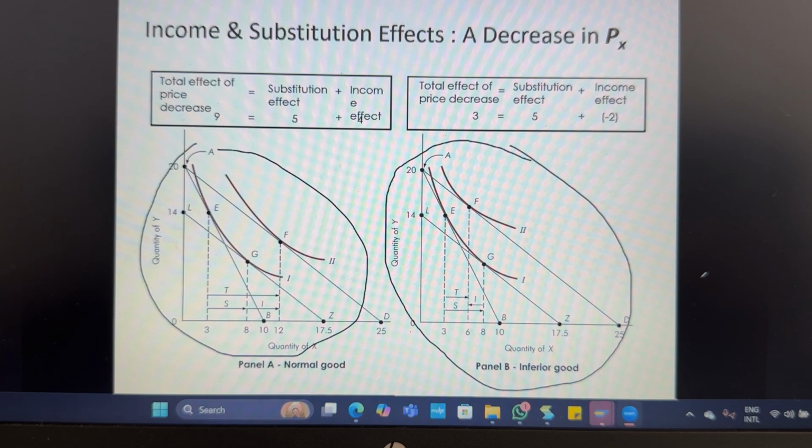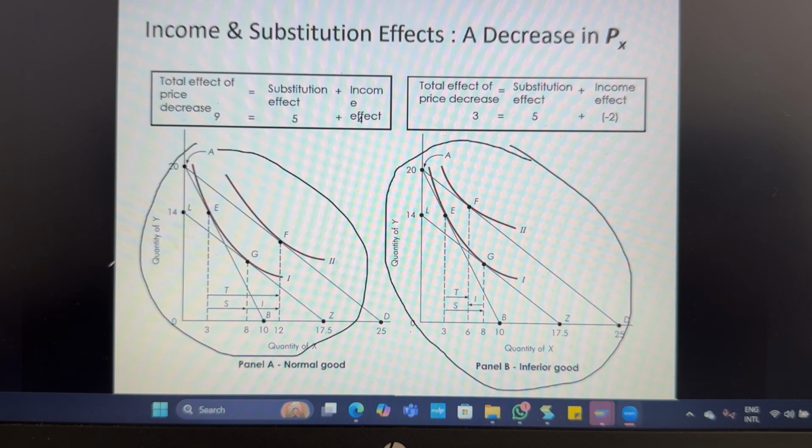How do you separate the income and substitution effect of an inferior good? Can you manage? I'm allocating maybe 10 or 12 marks for this one. If you can manage it successfully, you can reduce the examination pressure in a big way.